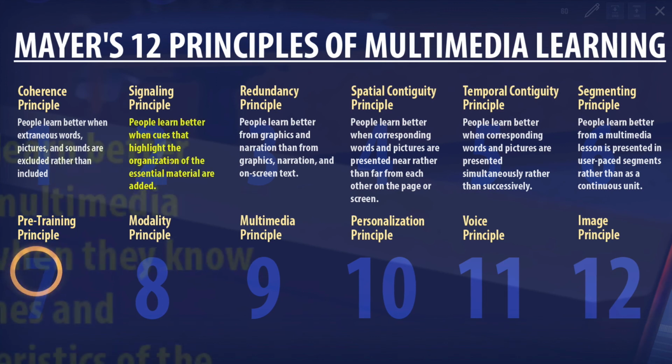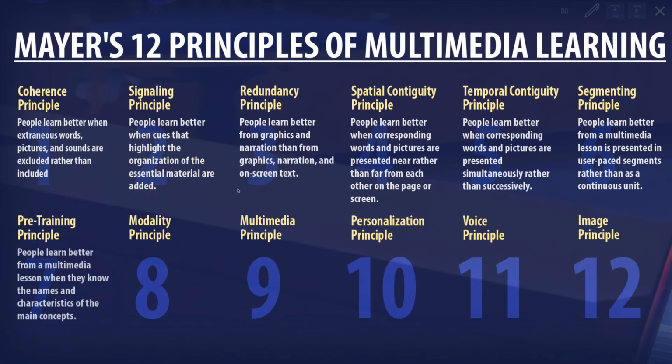Pre-training principle. People learn better from a multimedia lesson when they know the names and characteristics of the main concepts. That could be as simple as keeping all of your main concepts right underneath the title of what they are, and it could be increased in complexity from there.